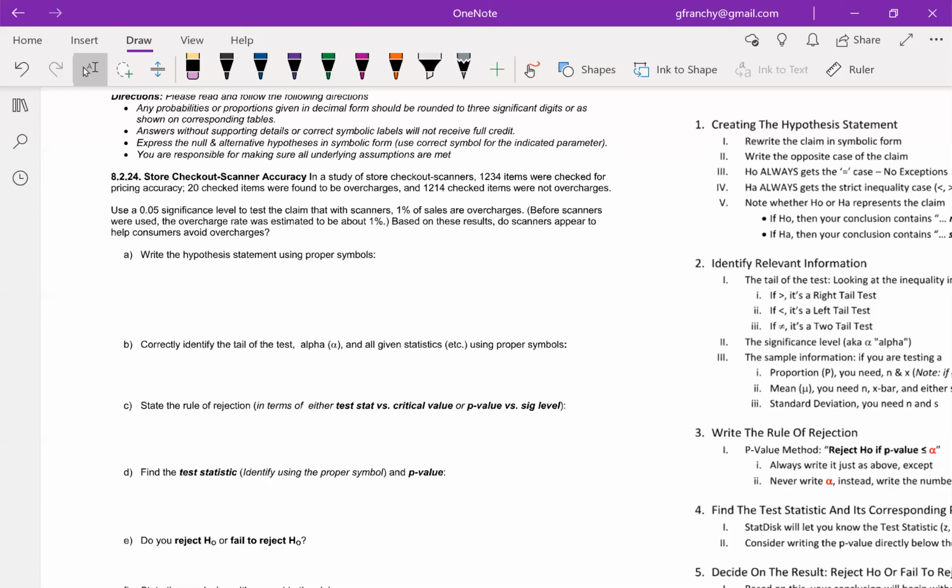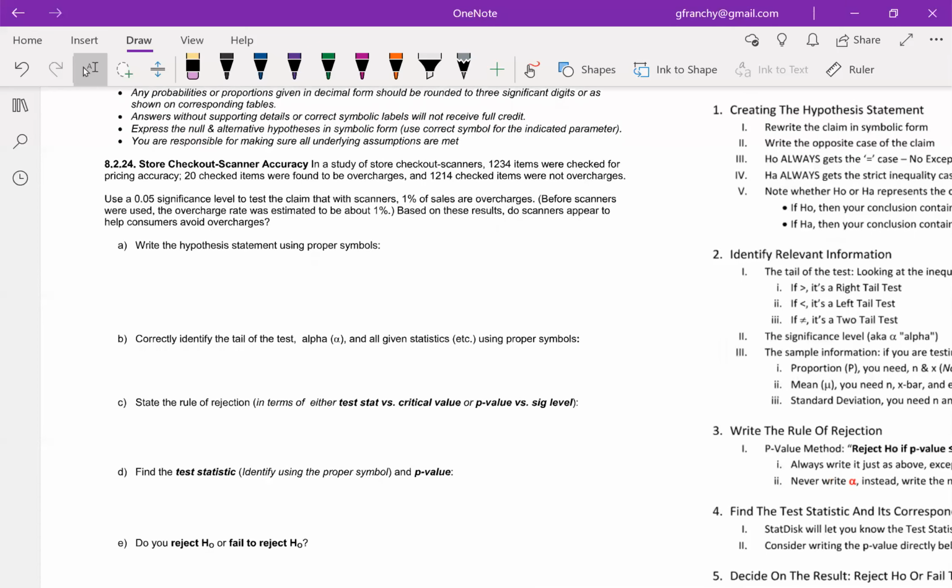So now let's take a look at the question itself. In a study of store checkout scanners, 1,234 items were checked for pricing accuracy. 20 items were found to be overcharges, and 1,214 checked items were not overcharges. Use a 0.05 significance level to test the claim that with scanners, 1% of sales are overcharges.